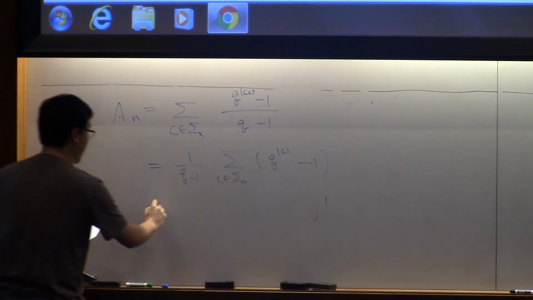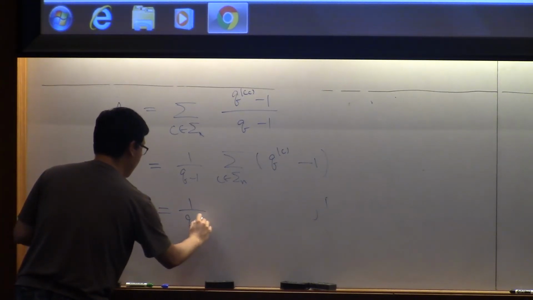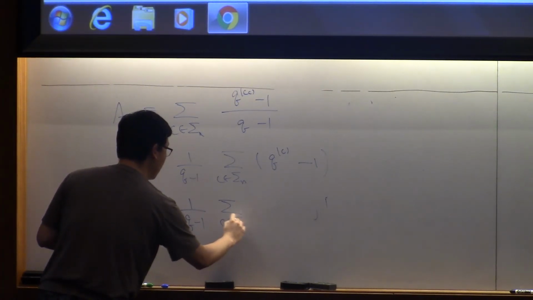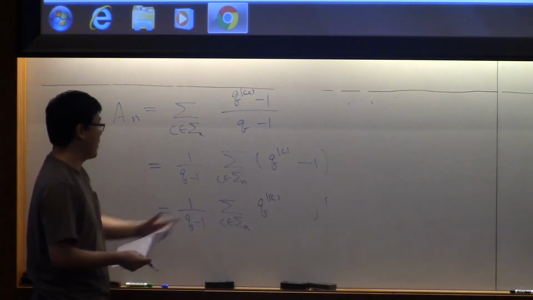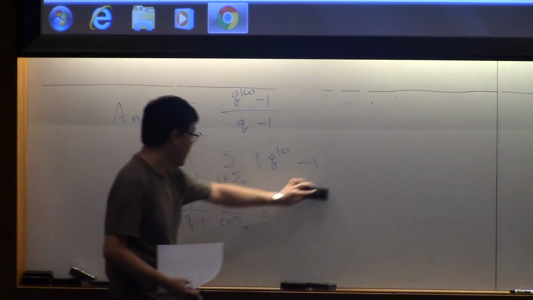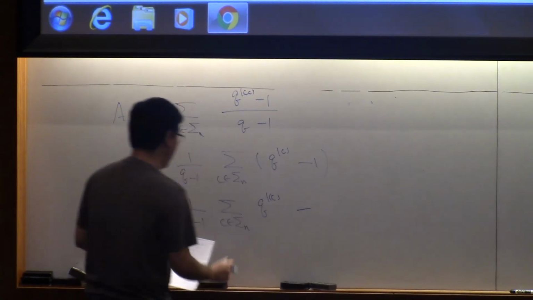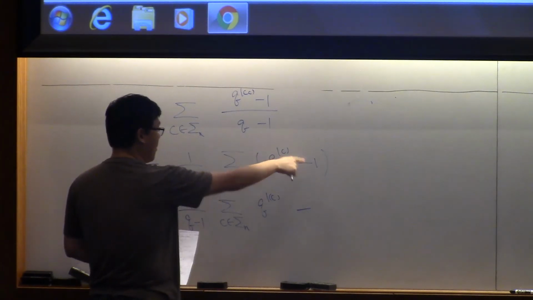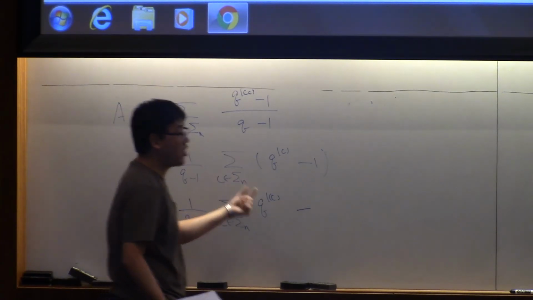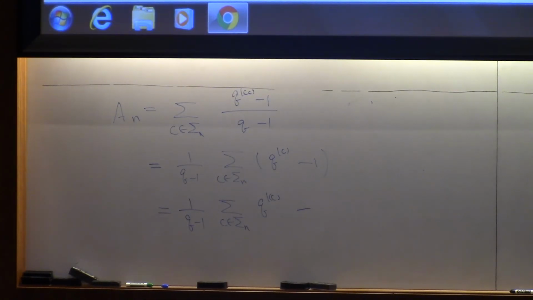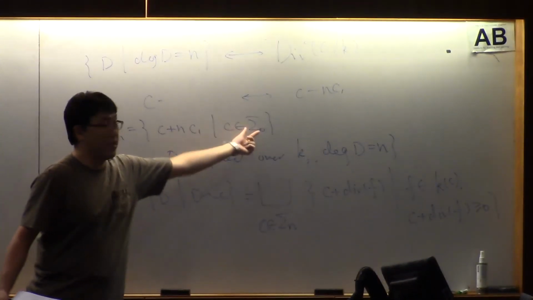And then you take this sum. First, you take the sum of all these powers of q. And then, for the second part, you take the sum of all these ones. But there are exactly h elements in this sigma n, because sigma n has the same number of elements as sigma 0. So here we have this.